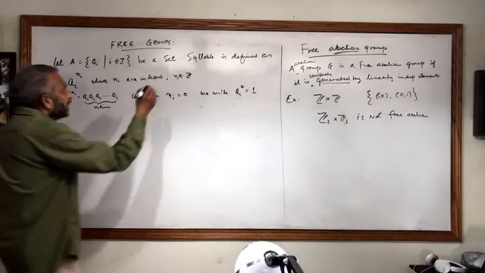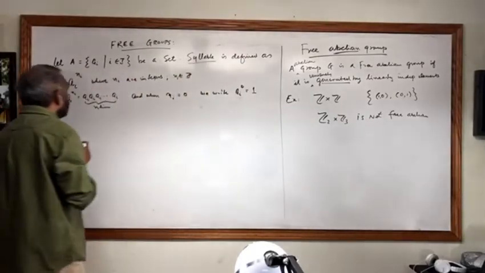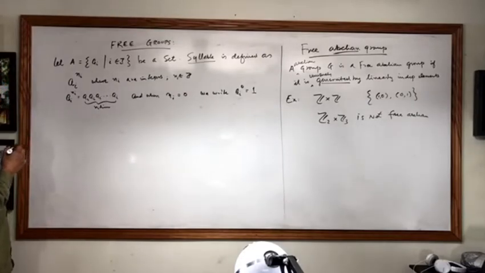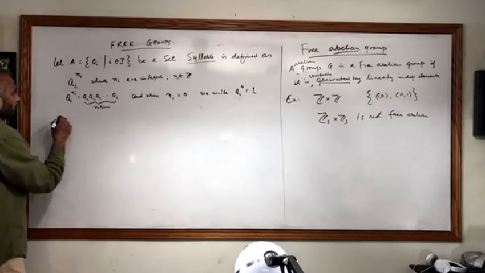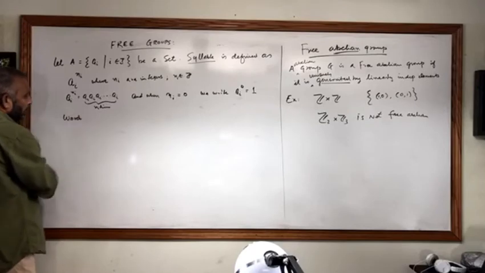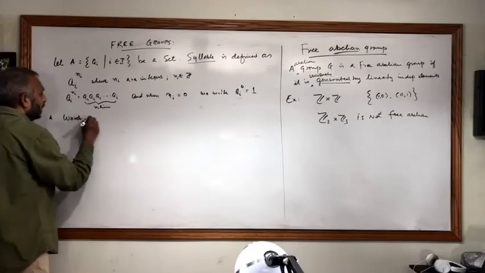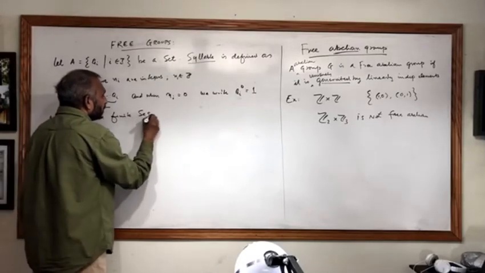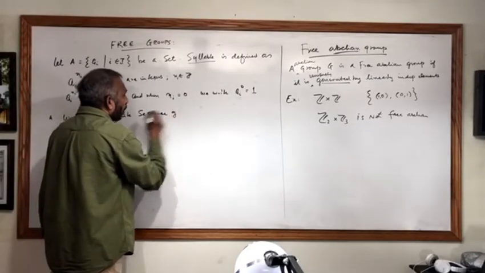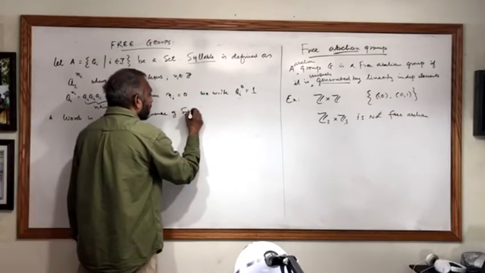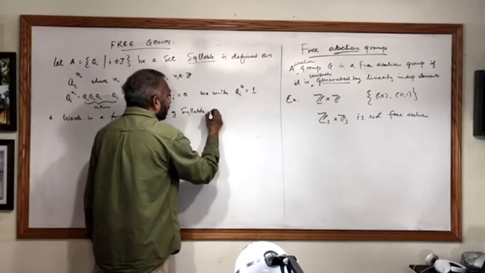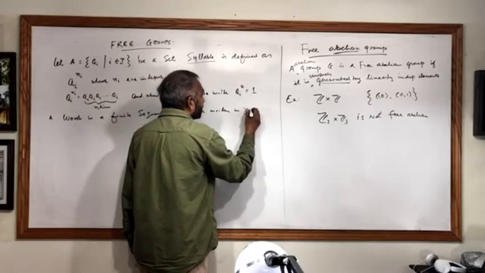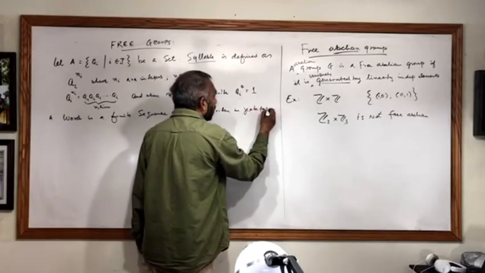Now this is the syllable, and we are going to define one more term called word. A word is a finite sequence of syllables written in juxtaposition.